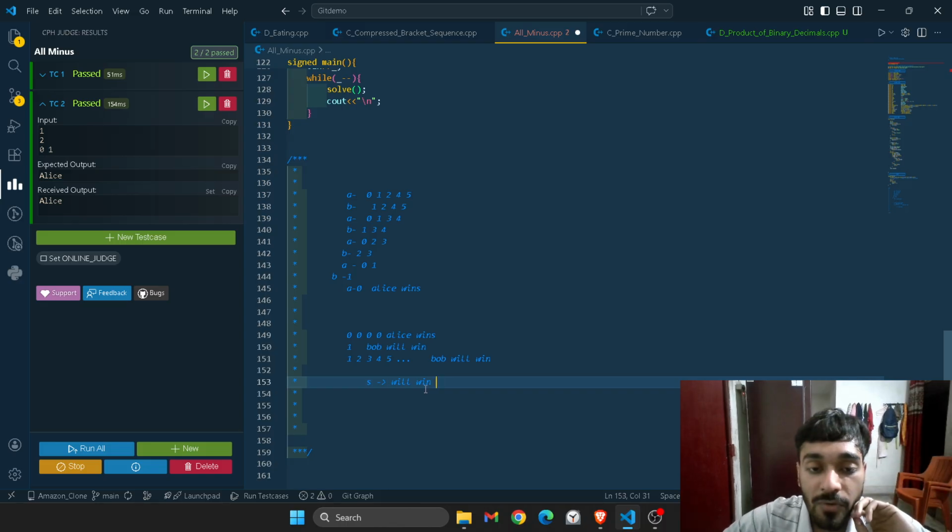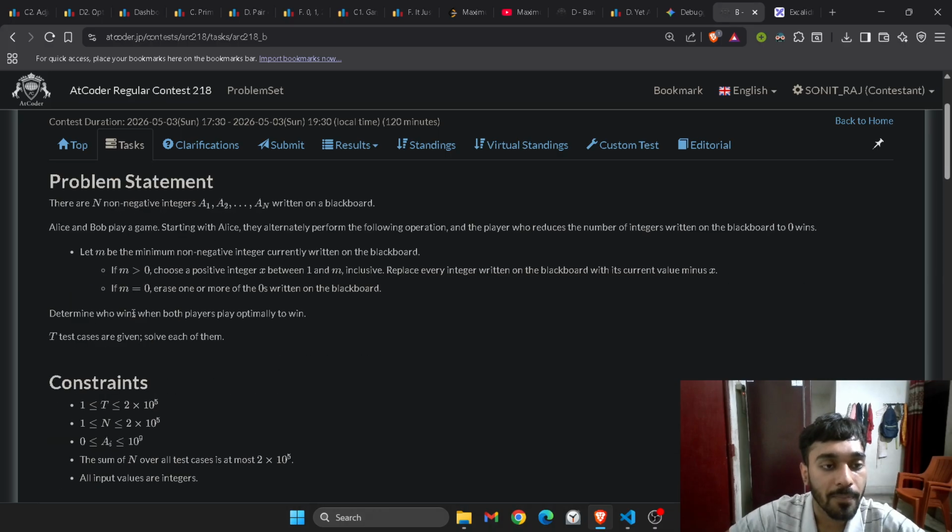So here we have many choices, the power of choices you can say, because we know this condition is very important: erase one or more zeros.